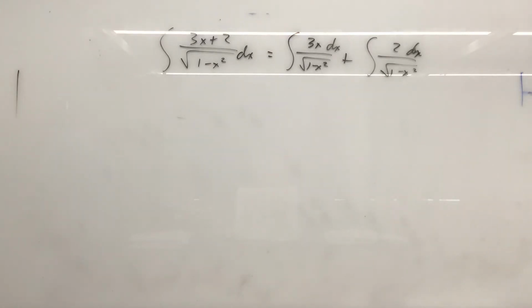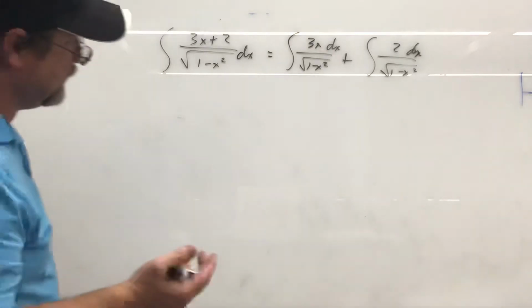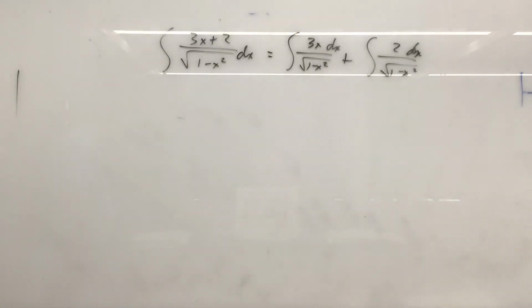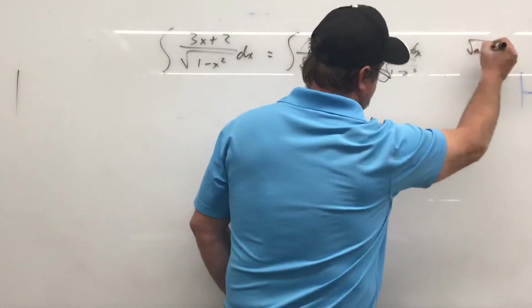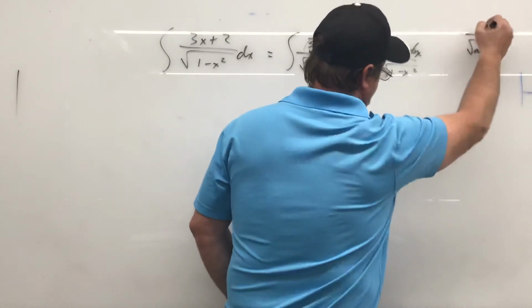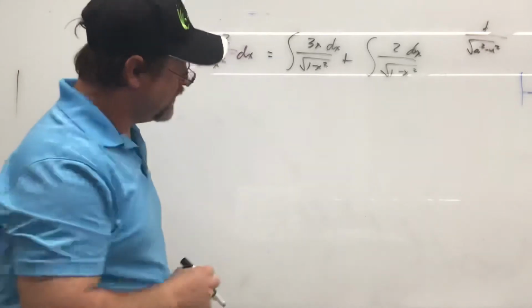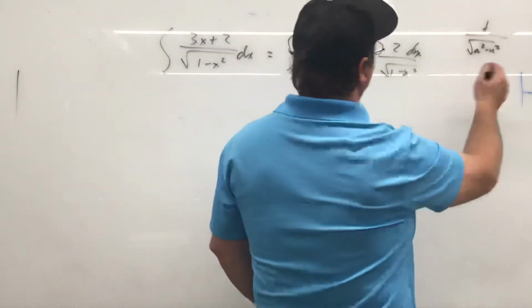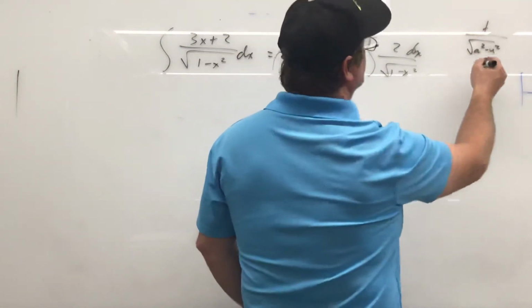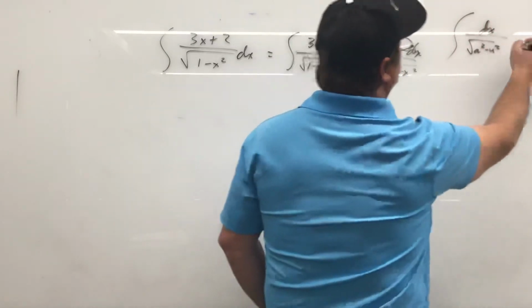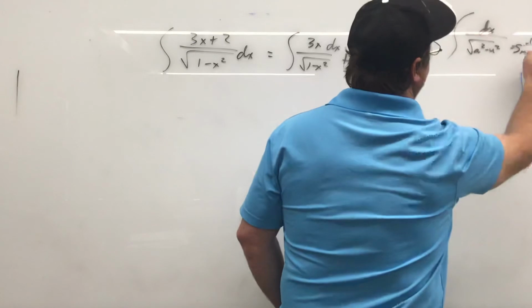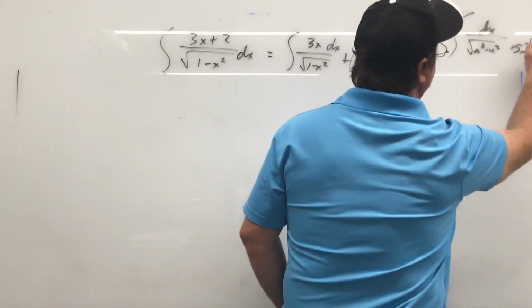Now, I look at these, and again, it's not immediately clear what I need to do. I look at those formulas, and this one looks to me to be of the form something over that, which is inverse sine. All I really have to do there: the integral of this, a squared minus u squared, is inverse sine of u over a.